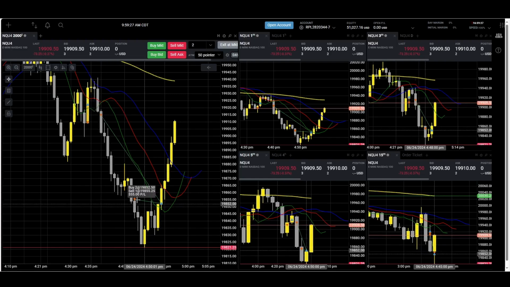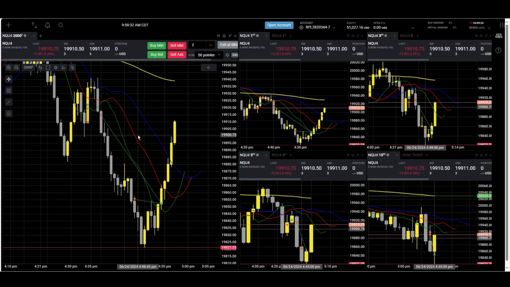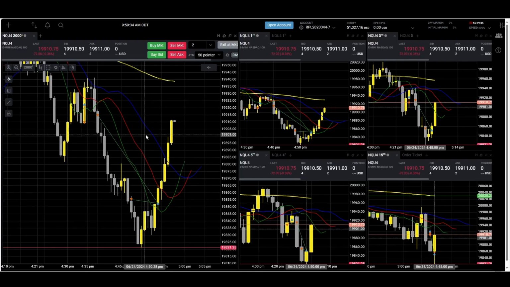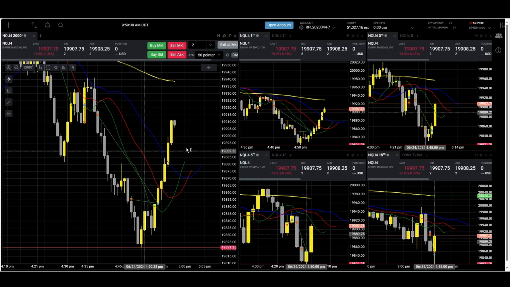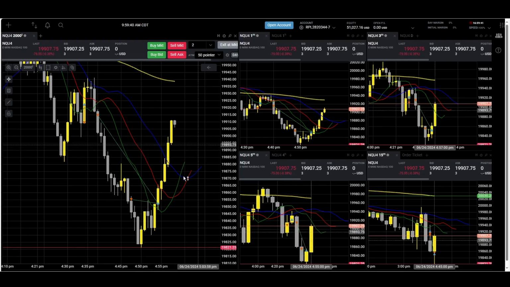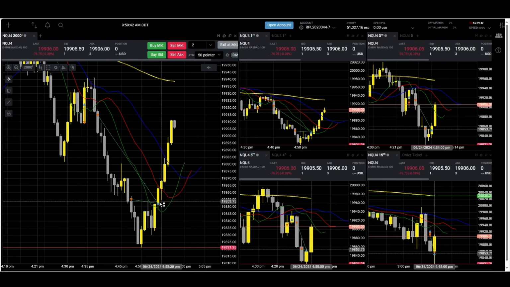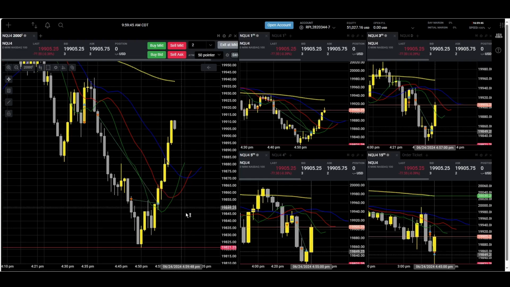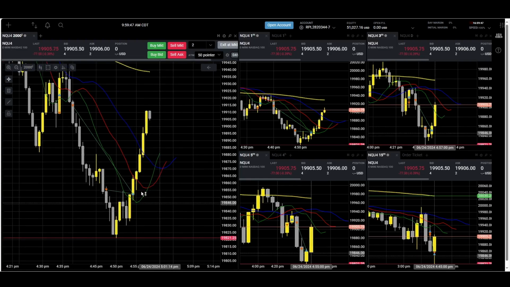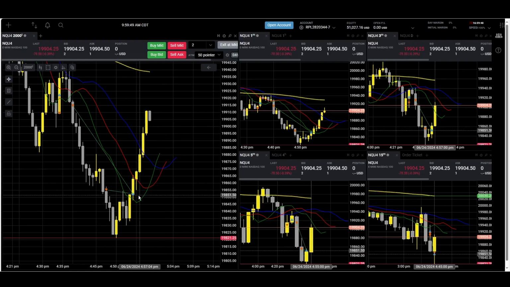You scale in a winning position. You create a free trade and you manually trail, and by that you lock in your profits, and you leave the trade when the rules are telling you to, or when you feel like you should be leaving.